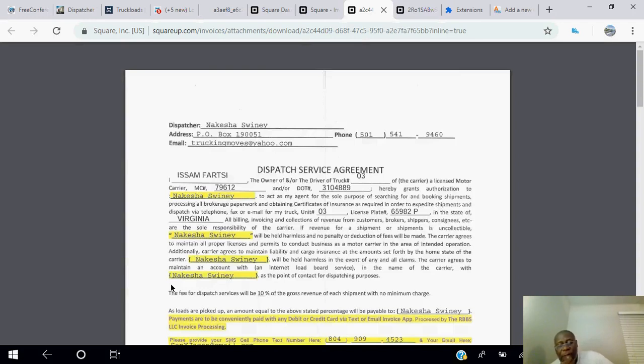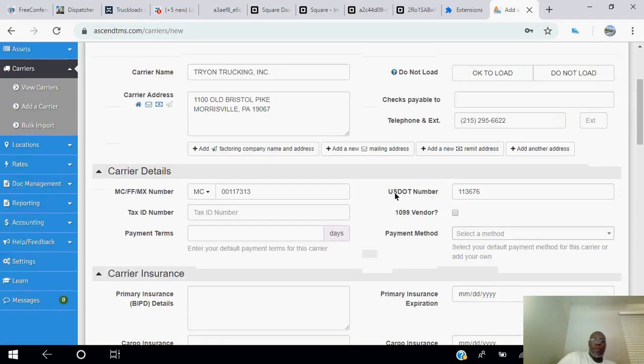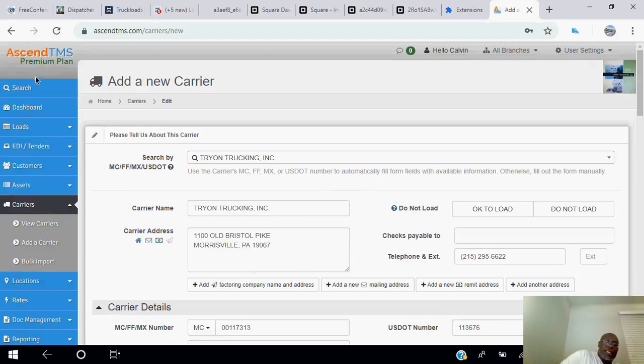I hope y'all got a clear understanding of how to get loads from booked to getting them paid. You understand how brokers check the carrier's info real quick. It's done through that CNTMS. Now once you get a lot of trucks, you may want to get something like this. The CNTMS is only like $9.49 per month, and it's great for when you're building your company because you can list as many dispatchers as you want.